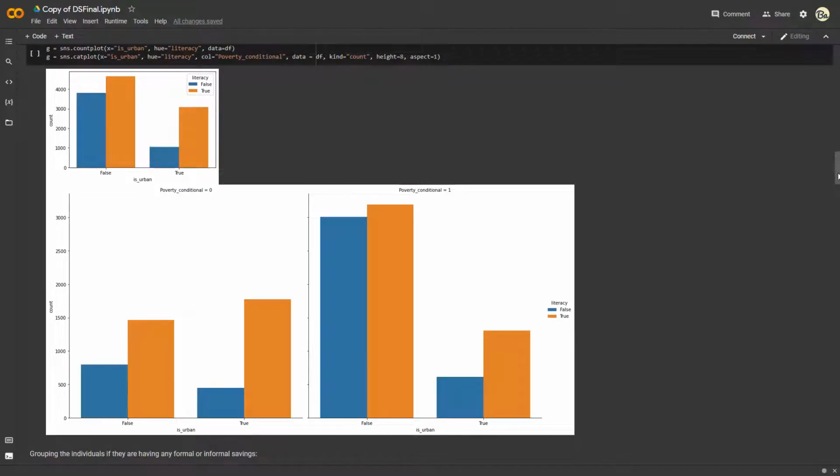As you can see, it seems that literacy is not strictly proportional, but in the large case of factors, except some cases, literacy is responsible for some kind of poverty.